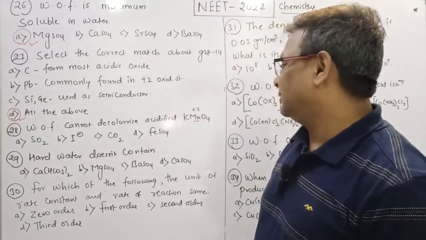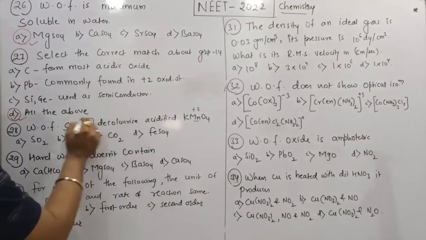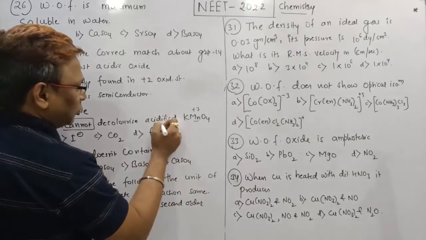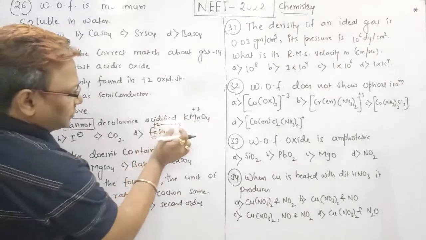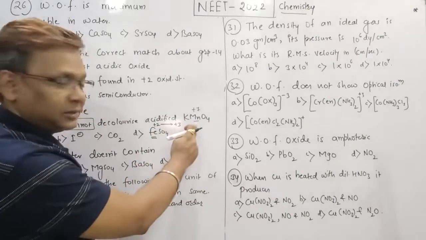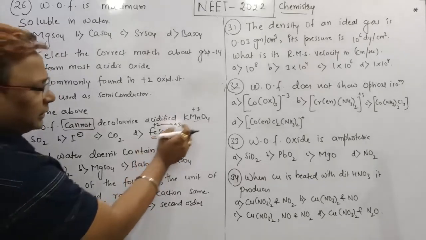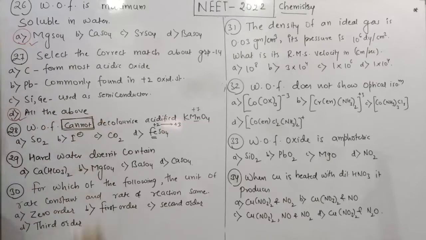We'll see here. They are asking cannot. Fe in FeSO4 is in +2, and we know +2 can be converted into +3. If it can undergo oxidation, then Mn undergoes reduction. Yes, here we can say FeSO4 can decolorize KMnO4. They are asking cannot. Okay.